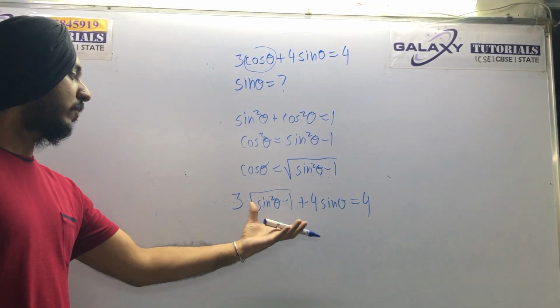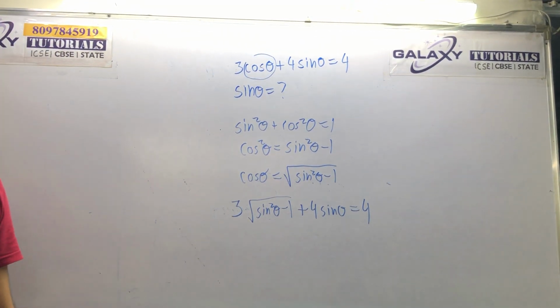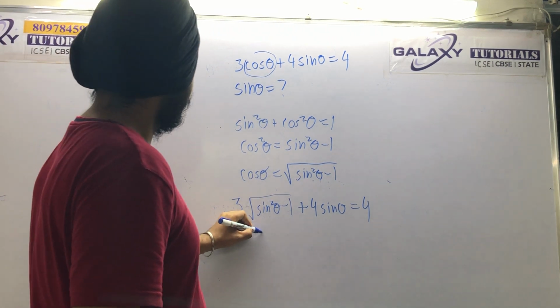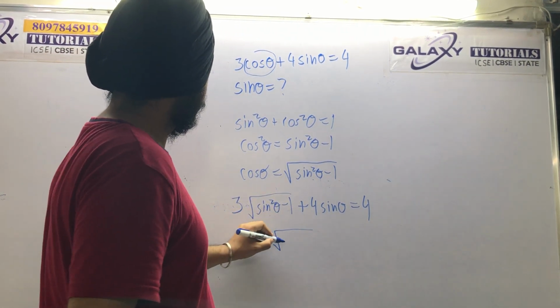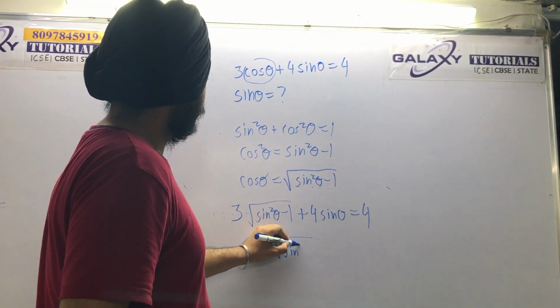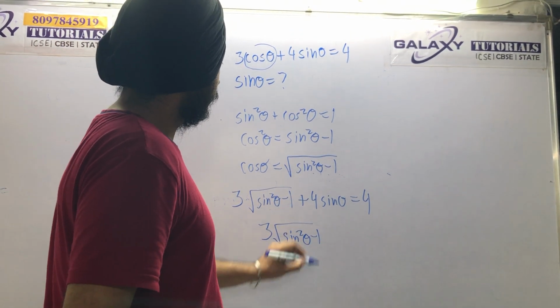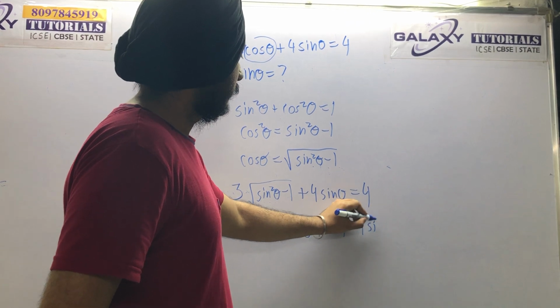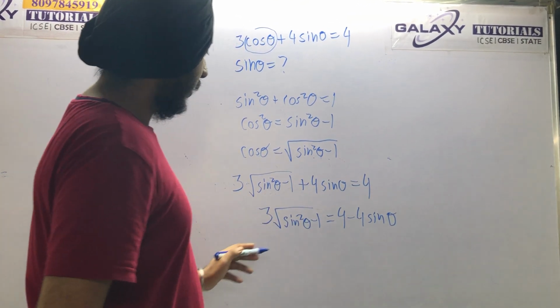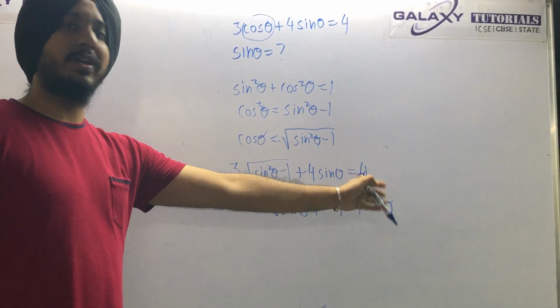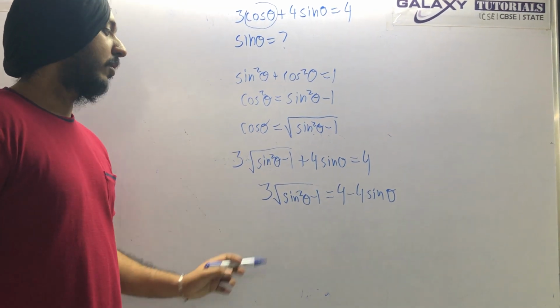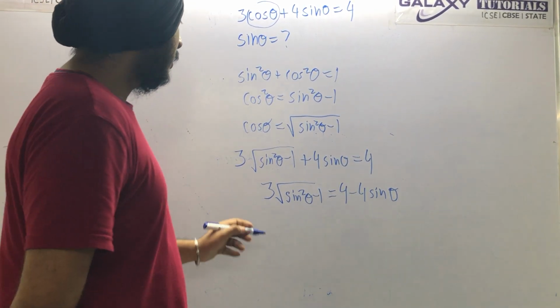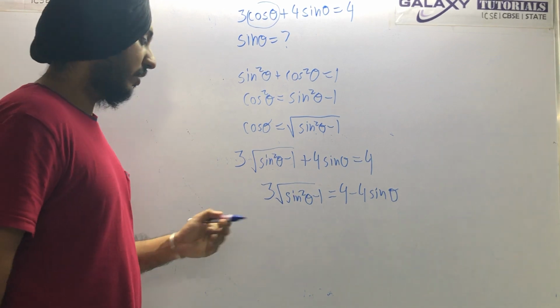If you square the left hand side, it will be a little complicated, so what you can do is write this equation like this. I just shifted 4 sin theta to the other side. Now I will square both the sides.